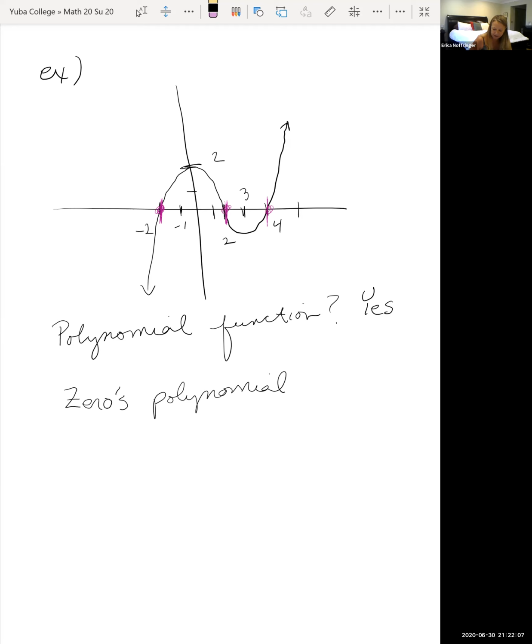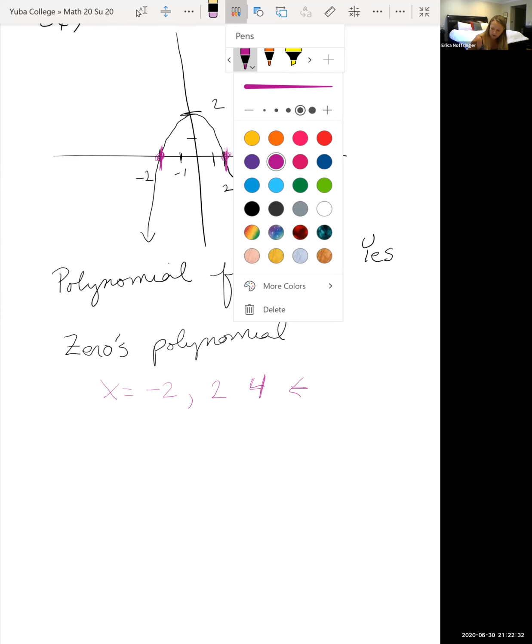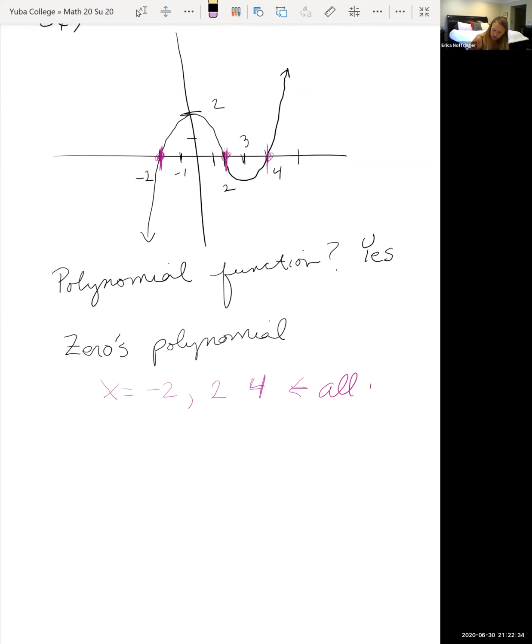We have the zeros at x equals -2, x equals 2, and x equals 4. They all cross the x-axis, so they have to be odd multiplicity.